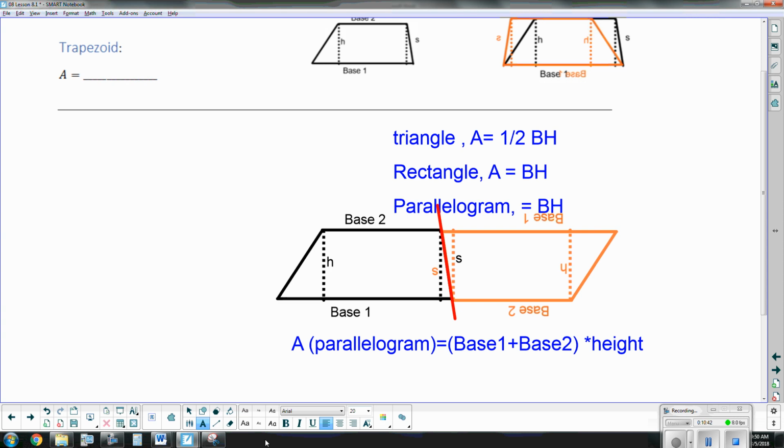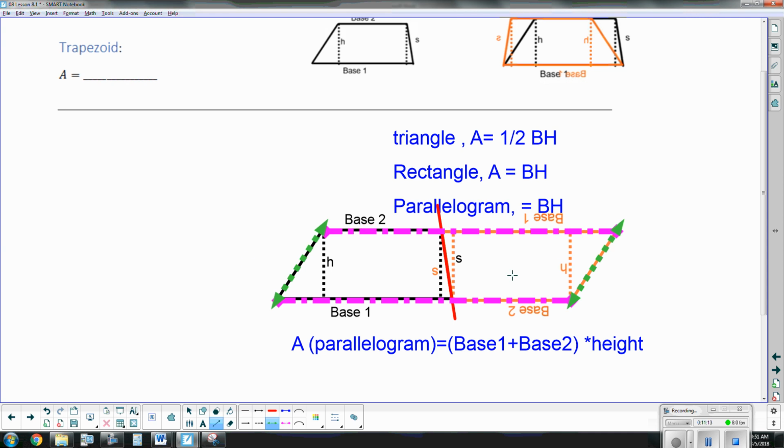Since this is a parallelogram, this segment and this segment, opposite segments, are congruent, and same with these two. Opposite segments are congruent, which I already know because it's a reflected image, or it's a rotated image of the orange trapezoid is a rotated image of the black trapezoid.